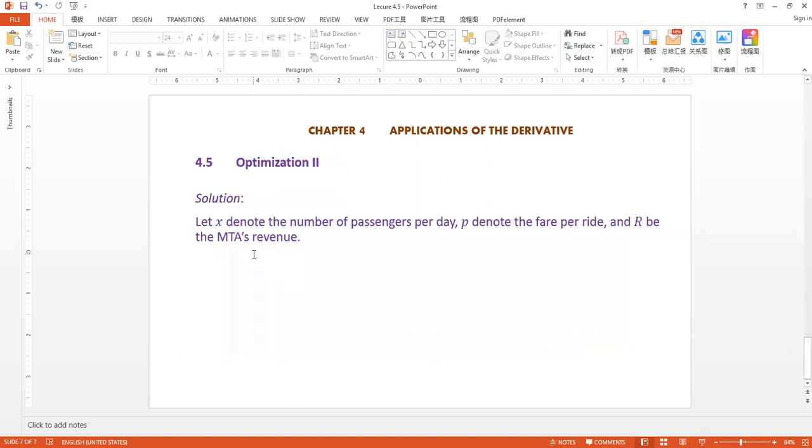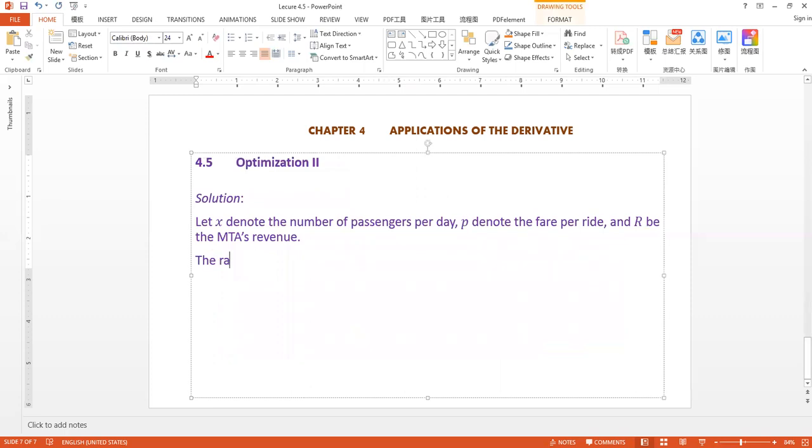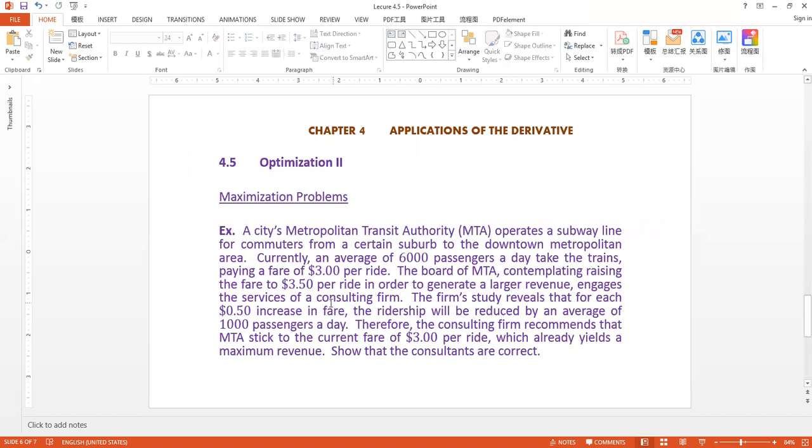So the rate of change of the passenger number per day with respect to the price, or the fare, is what?